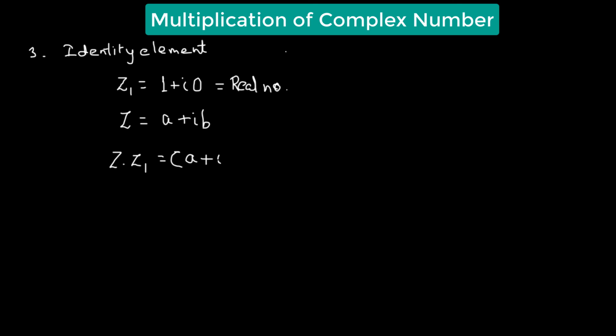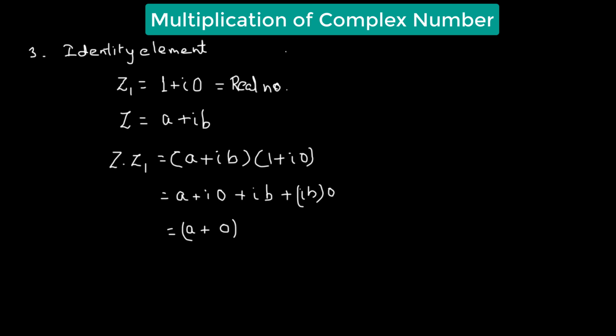We have (a plus ib) multiplied by (1 plus i times 0), and that should give us a plus i times 0 plus ib times 1 plus ib times i0, which finally gives us a plus 0 plus i times b, which is equal to a plus i times b, that's equal to z.